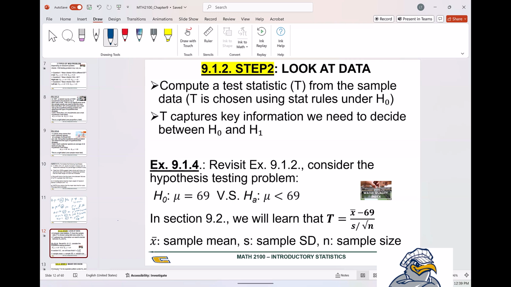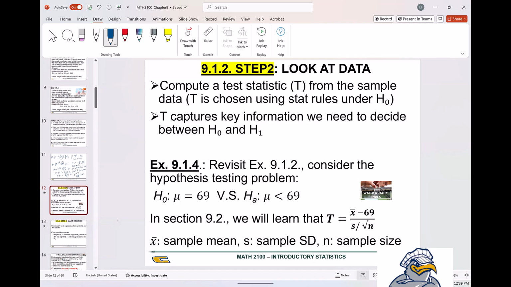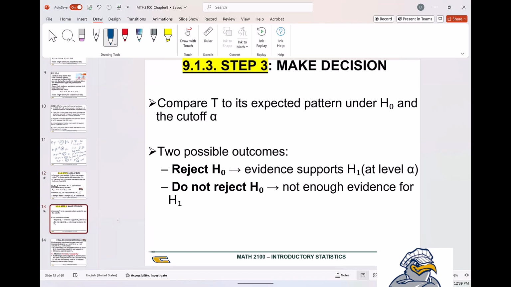And this t will capture information to make a decision. Where does this formula come from? It comes from some math. We standardize things in a certain way, and basically it's just the central limit theorem. Then in the last step, where we make a decision, we compare t to its expected pattern under H naught, if H naught is correct, and the cutoff alpha we choose.